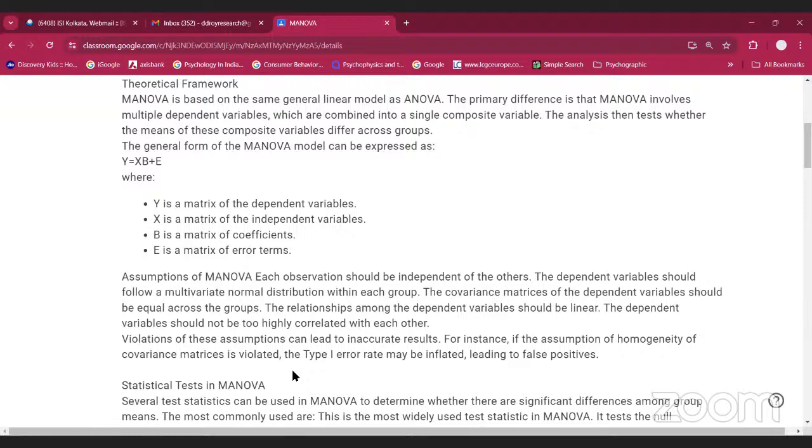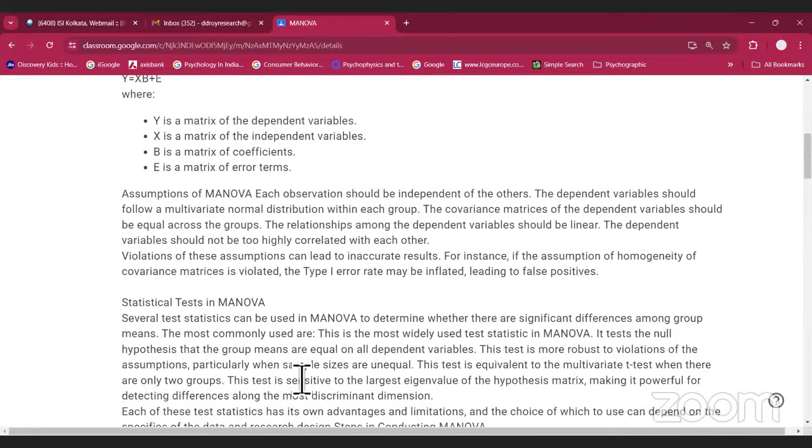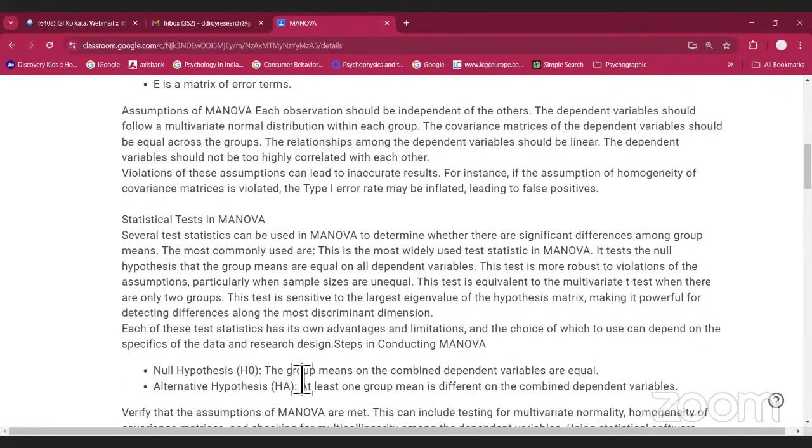Okay, now you go to the statistical tests in MANOVA. Several test statistics can be used in MANOVA to determine whether there are significant differences among group means. The most commonly used is the most widely used test statistic in MANOVA.